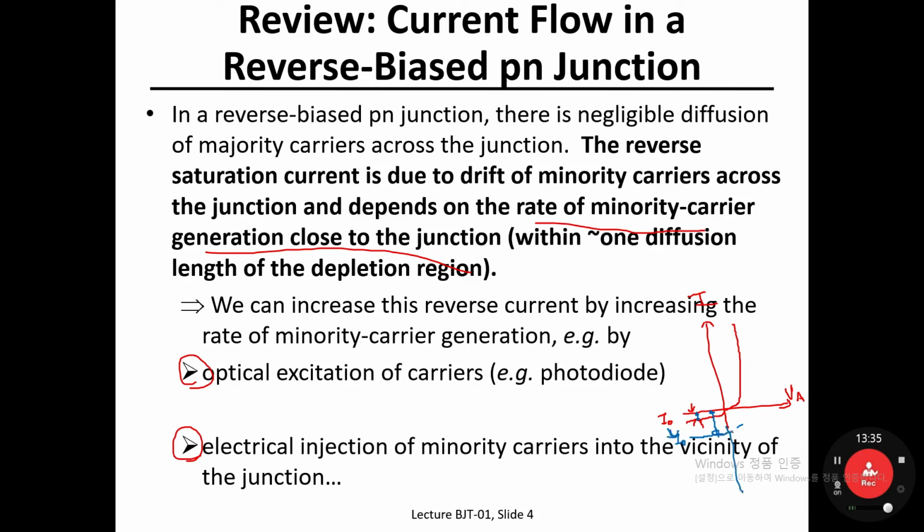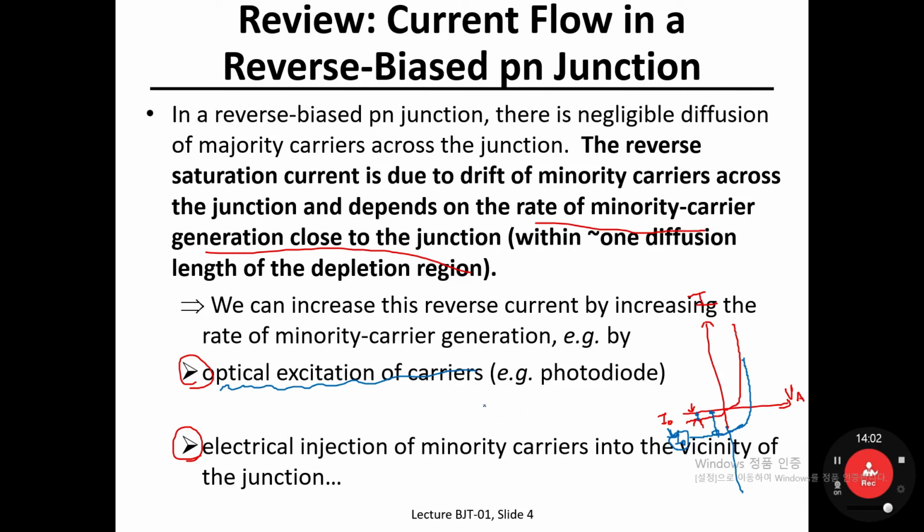Then your IV curve would become like that. So the question is, what is the physical origin for increasing the saturation current I naught? Herein, optical excitation of carriers would be the way for increasing saturation current.